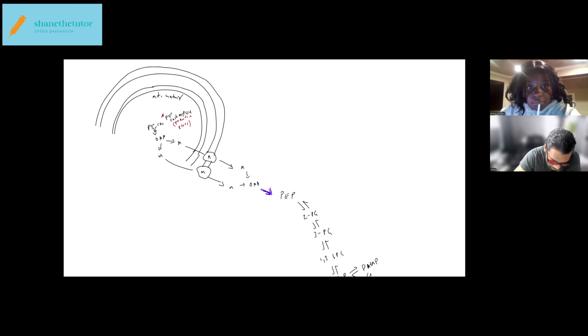And then when it turns into PEP, you have 4 carbons in oxaloacetate and 3 carbons in PEP. So you have a CO2 leave, as a GTP turns into GDP to give the phosphate to the PEP.